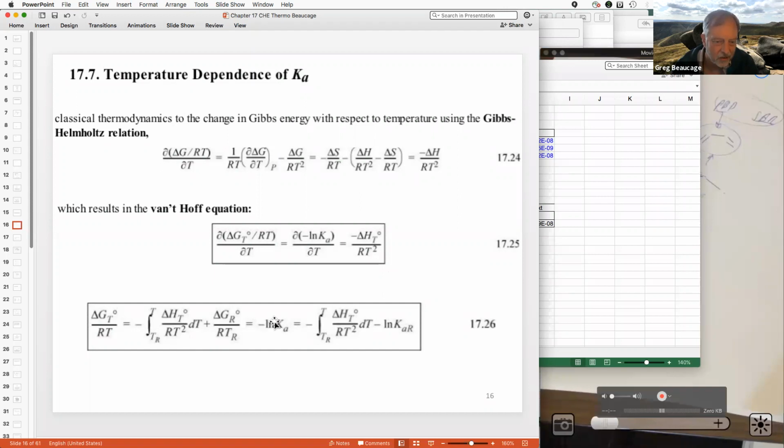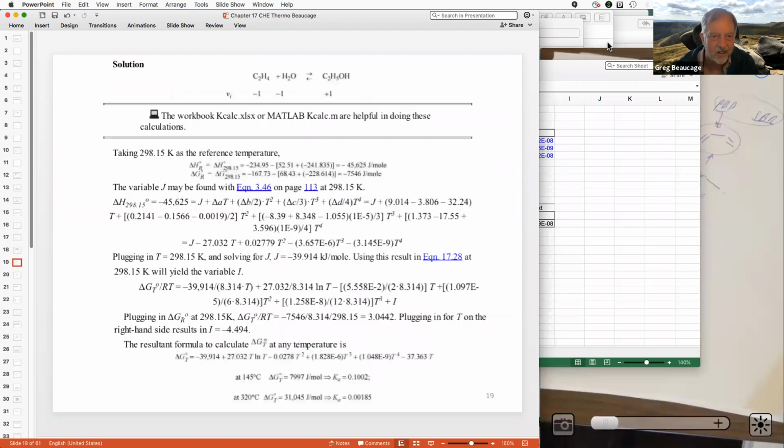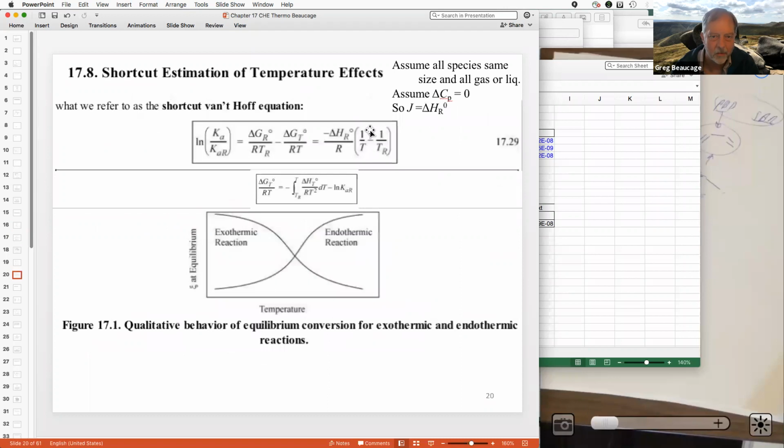So you have d ln Ka versus d(1/T). Then that just becomes this shortcut equation. This is d(1/T), so the T difference, and this is the difference of the ln, so it's Ka over K reference, which is at 298.